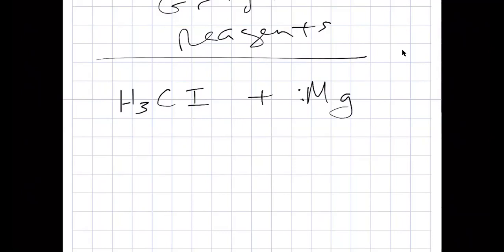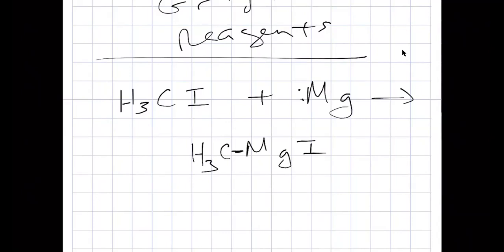So what happens is the magnesium, this is not a chain reaction. Let me just show you the product first. You get this covalent bond between carbon and magnesium, and then magnesium is also a salt with iodine.